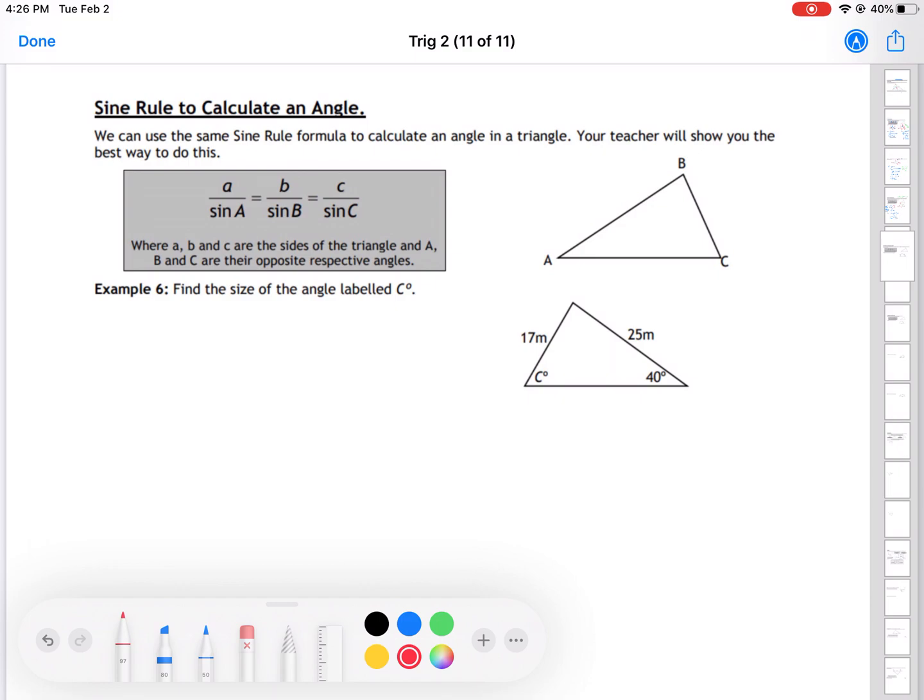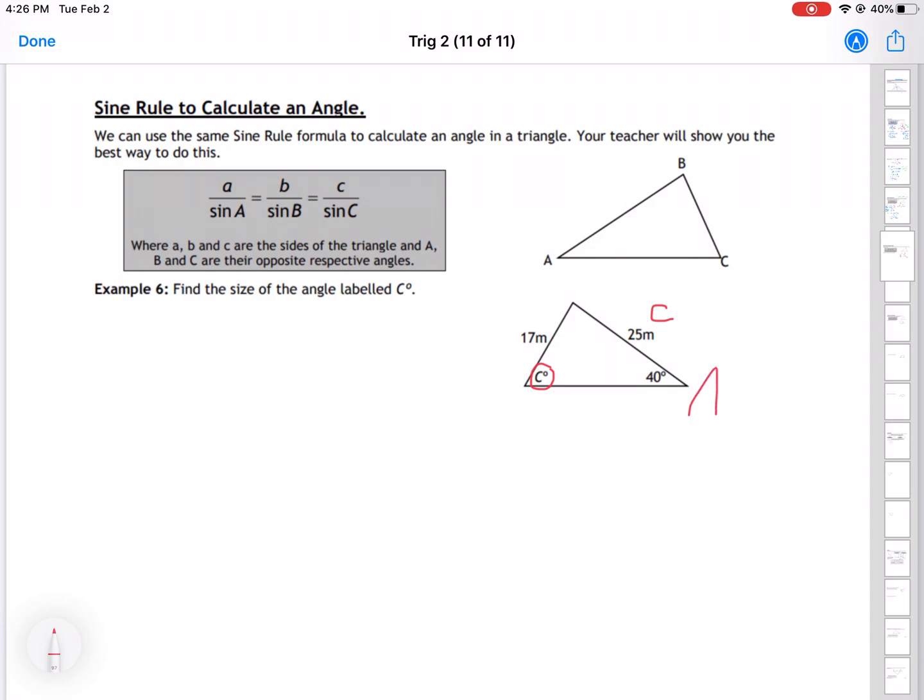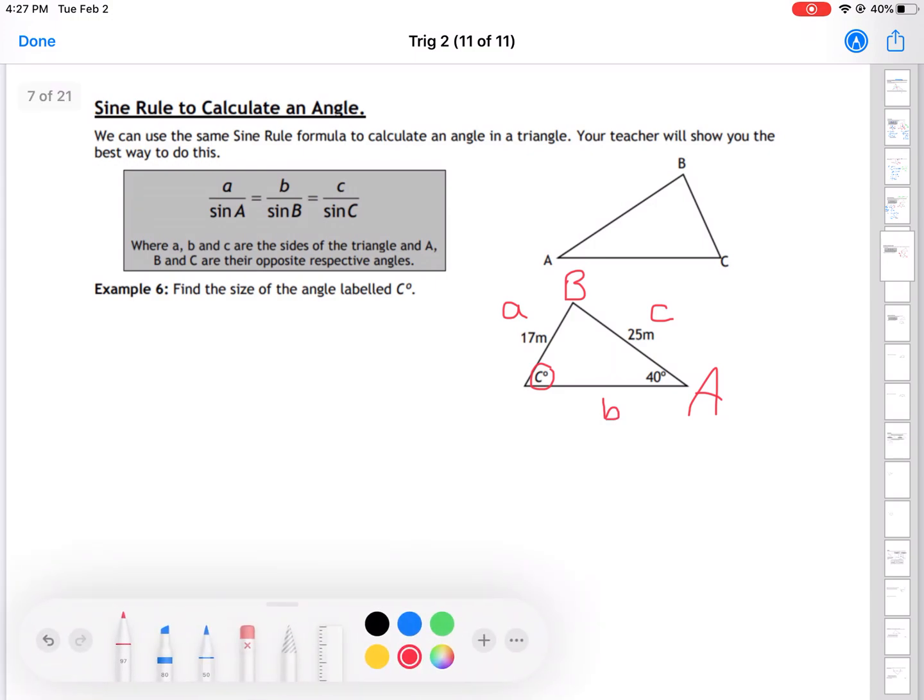You can see that angle C is the one that I'm missing, which means side C is with the 25. I label the other two as A's, so that's angle A at the 40 and side A at the 17. B's will be the other side and angle. I don't have either of those, so I'm probably not going to use them.